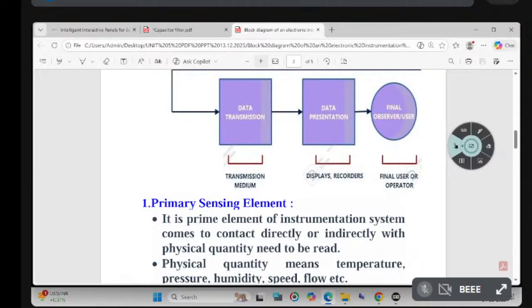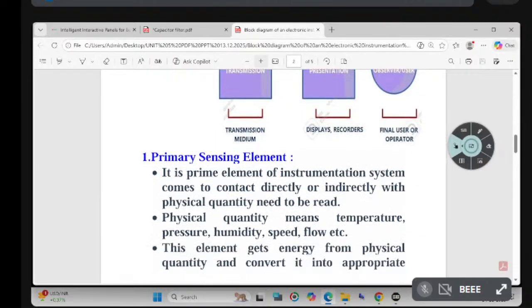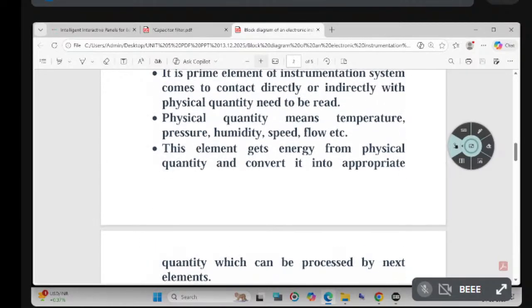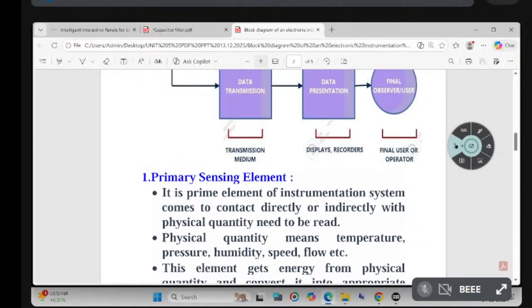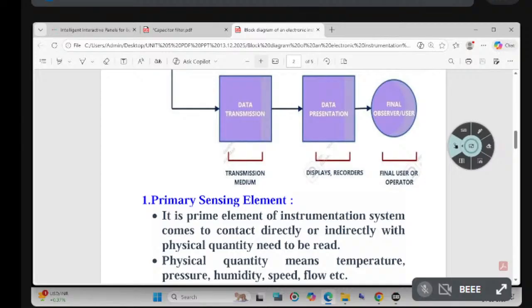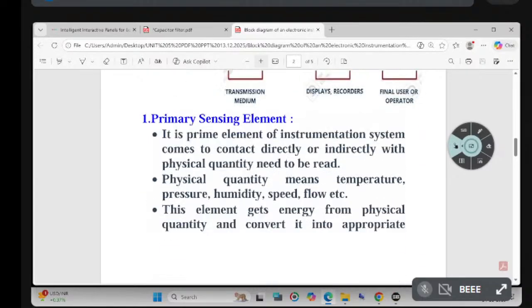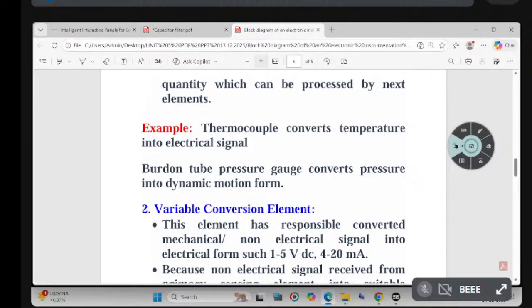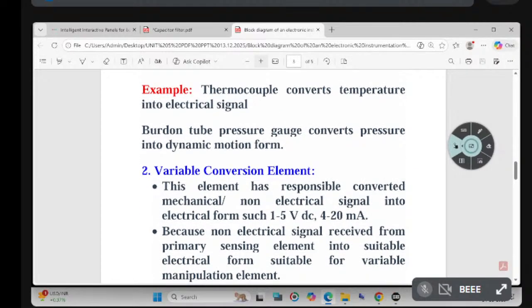Write only two points, that is enough. Next, the variable conversion element.